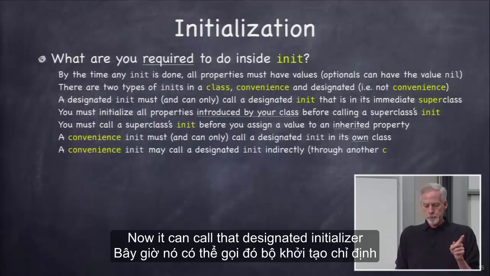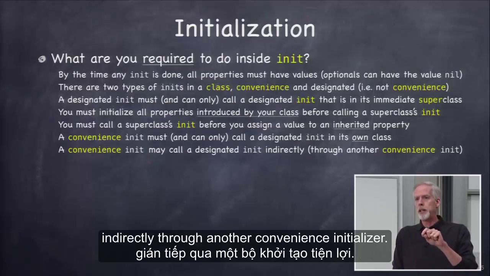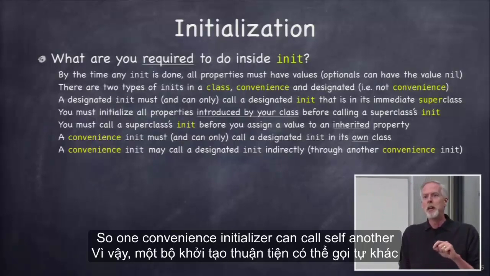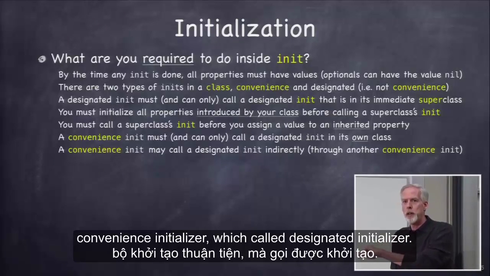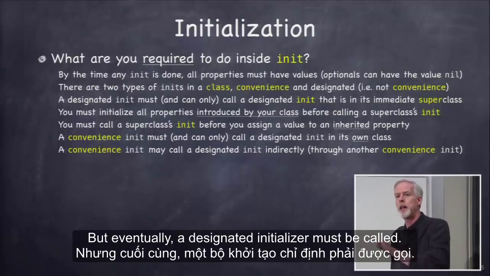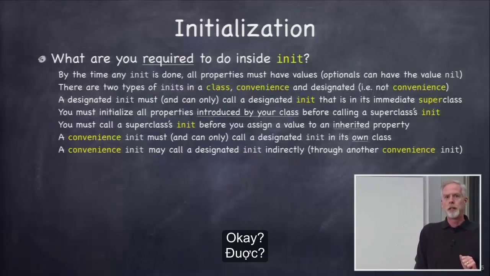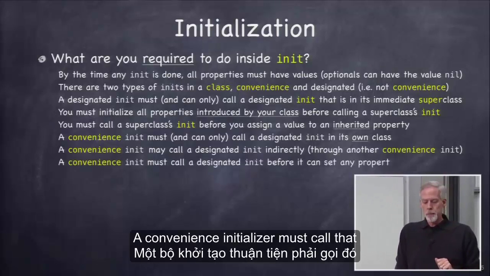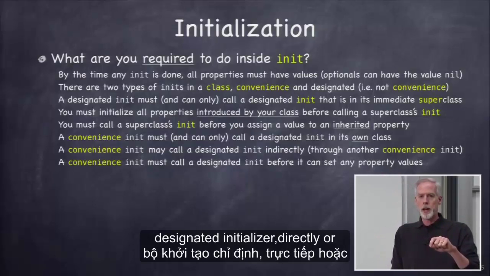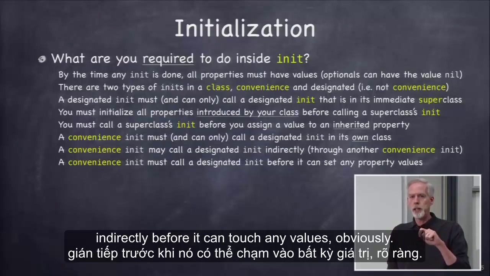Now, it can call that designated initializer indirectly through another convenience initializer. So one convenience initializer could call self another convenience initializer, which could call a designated initializer, but eventually a designated initializer must be called. A convenience initializer must call that designated initializer, directly or indirectly, before it can touch any values, obviously.